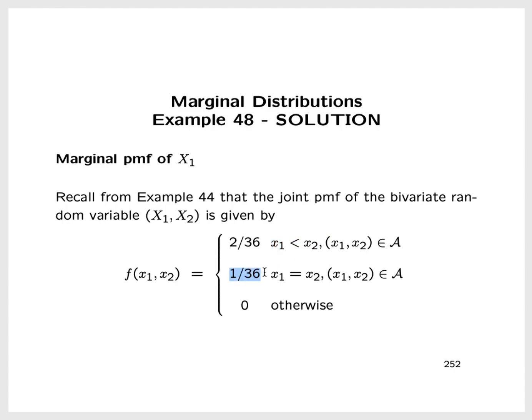And the PMF evaluates to 1 over 36 for values of x1 and x2 in the sample space, specifically where x1 is equal to x2. And then for any other values of x1 and x2, the PMF evaluates to 0.